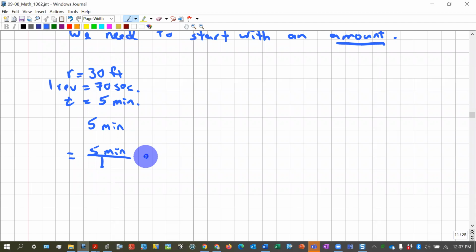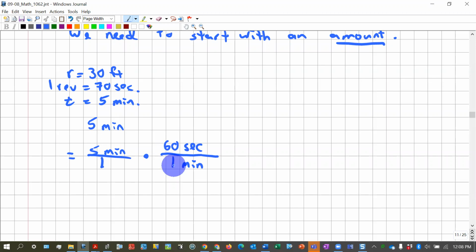But in the angular speed that we were given, the units were 1 revolution takes 70 seconds. So first, we're going to need to convert from minutes to seconds. And hopefully that's a conversion we know, and if we don't know, we could look it up, but 60 seconds is 1 minute.